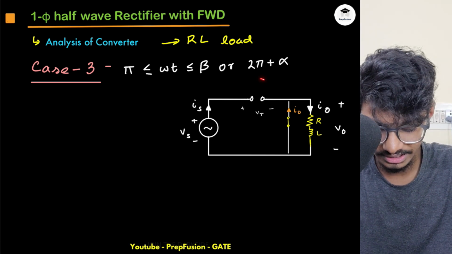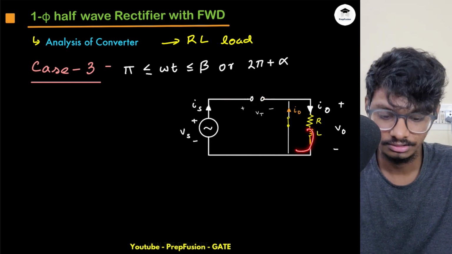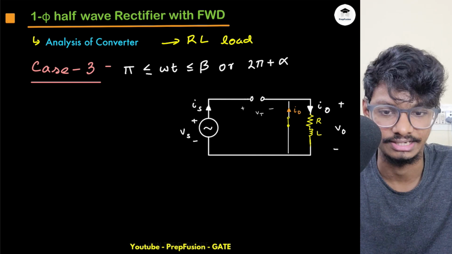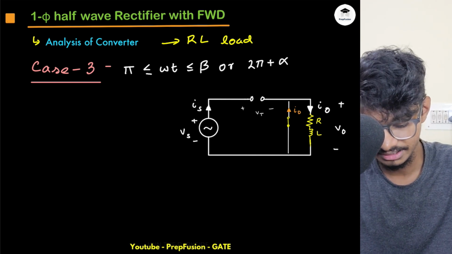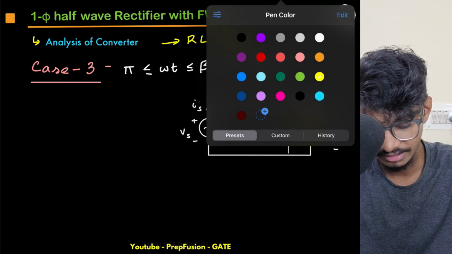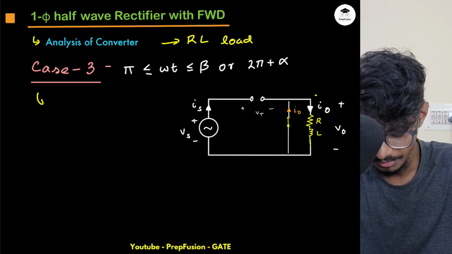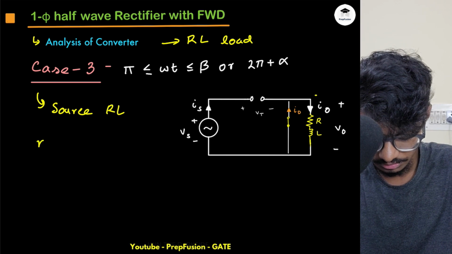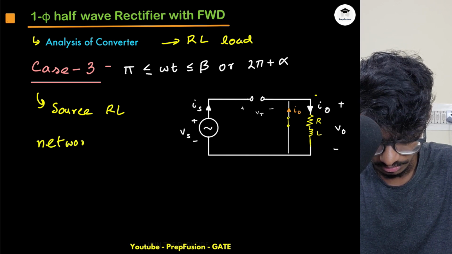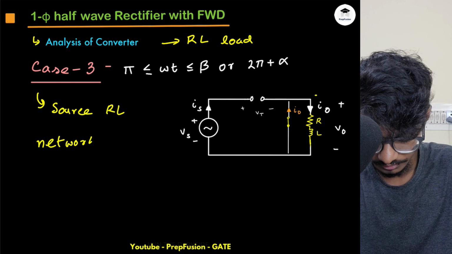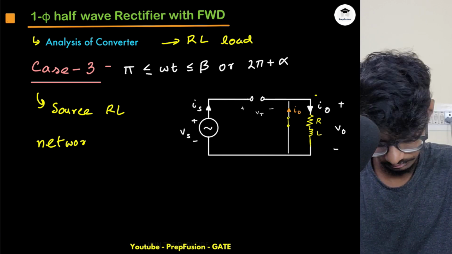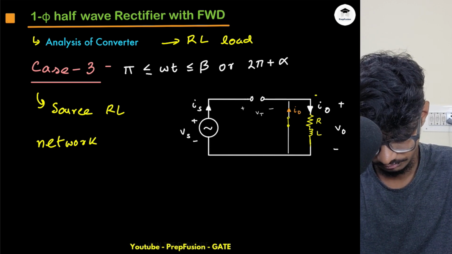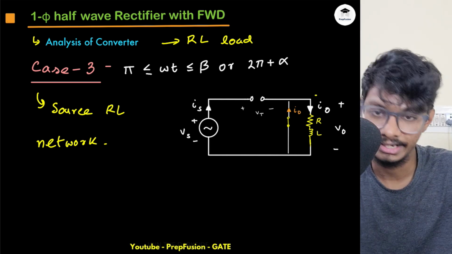Now as soon as this SCR is naturally commutated, this is simply like an RL circuit. What circuit is this exactly? If you have studied transients very well, you will be able to say this is a source free RL network. Okay, source free RL network. So here, what condition needs to be followed?